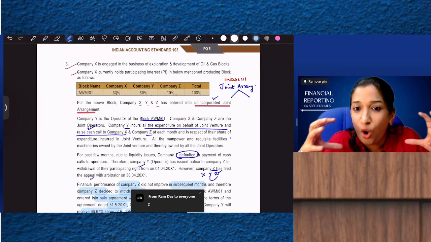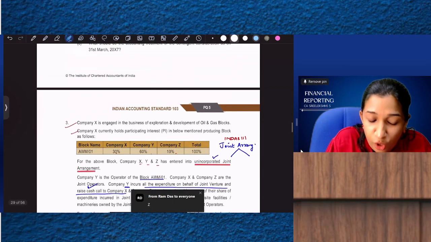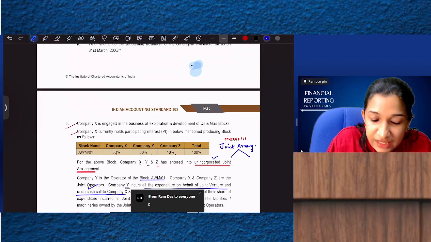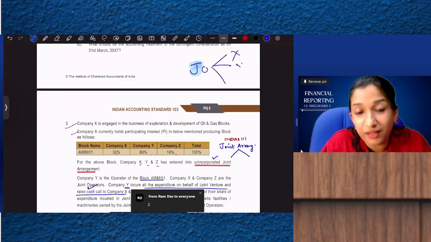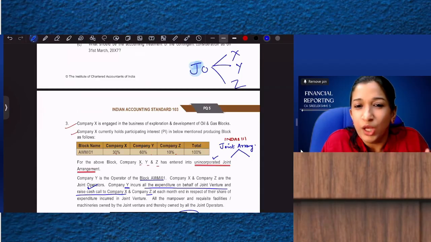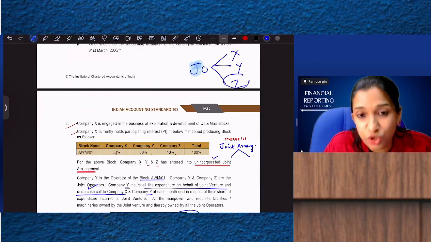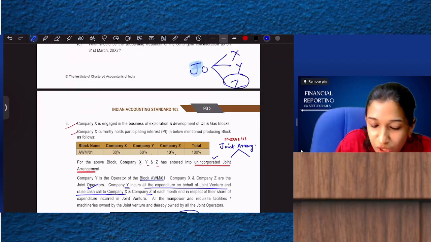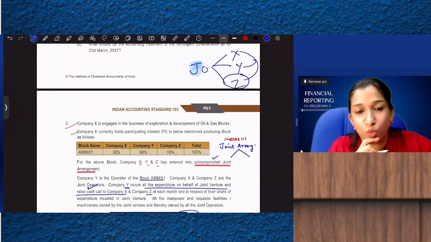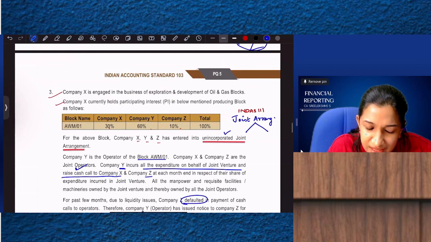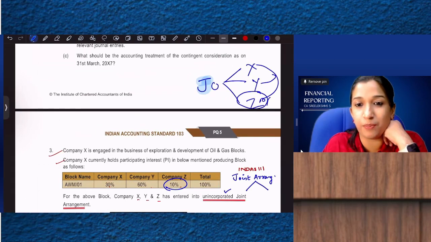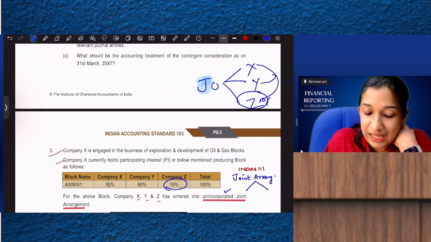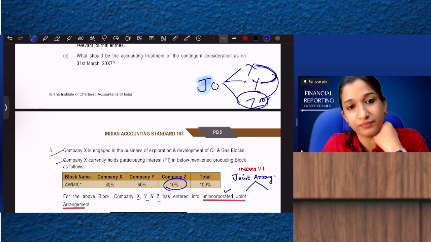If it is a JO, joint operation, three parties are having joint control, and Z's joint control is sold to X and Y. Z's share in net assets was only 10%, which is bought by X and Y.